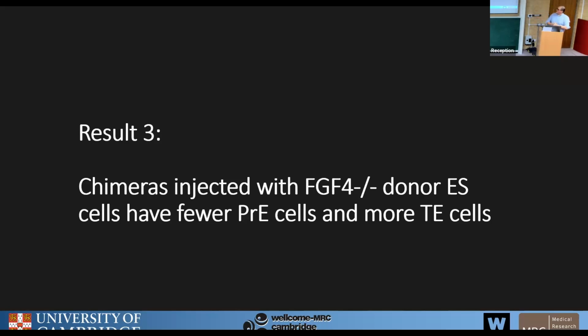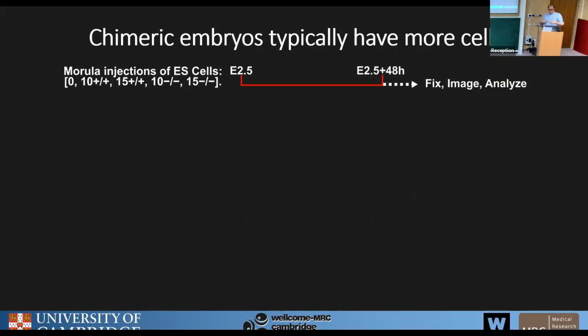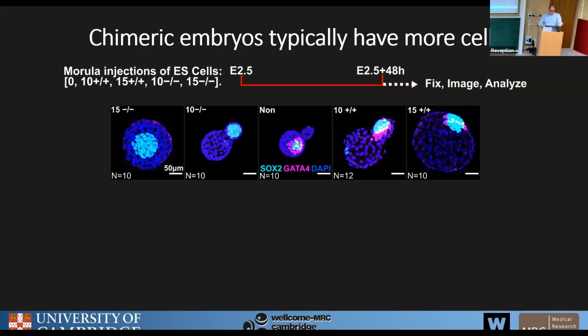So when we actually increase the number of cells that we see, we noticed that chimeras injected with FGF null donor cells have fewer primitive endoderm and more trophectoderm. So very similar experiment, but now we have increased the amount of donor cells that we have to really kind of break the system, to push it to its most extreme limits.